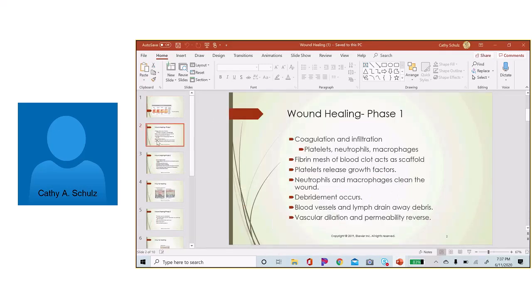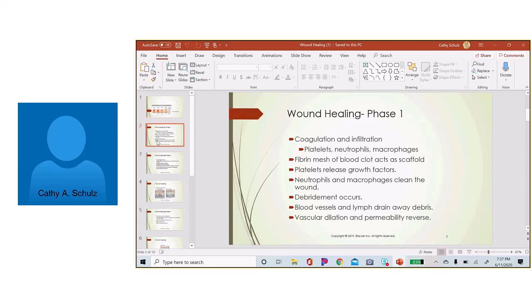So phase 1 of wound healing was what we were just talking about. We needed the vascular phase and the cellular phase of inflammation to get to this time. We needed the area of injury to be infiltrated with platelets, neutrophils, and macrophages.